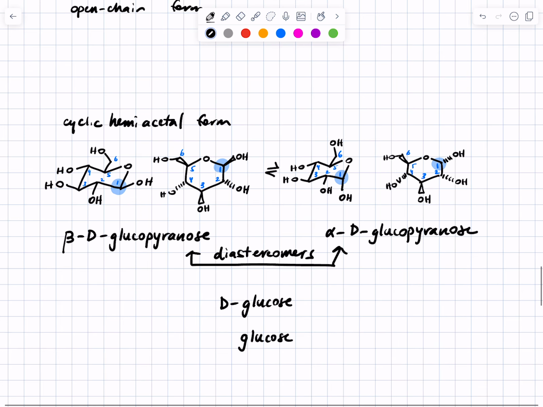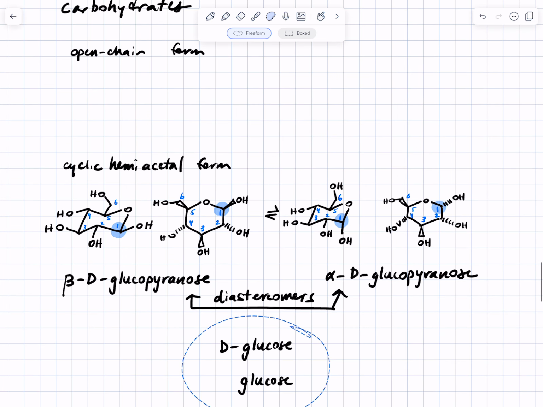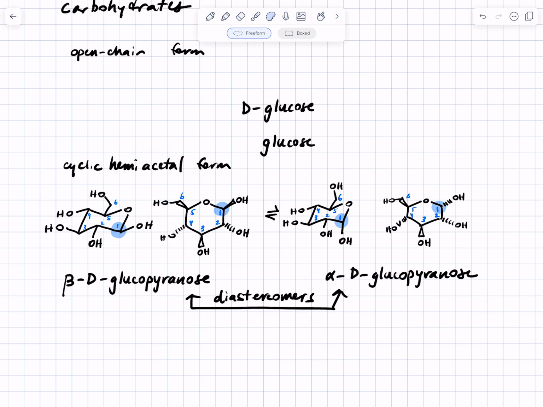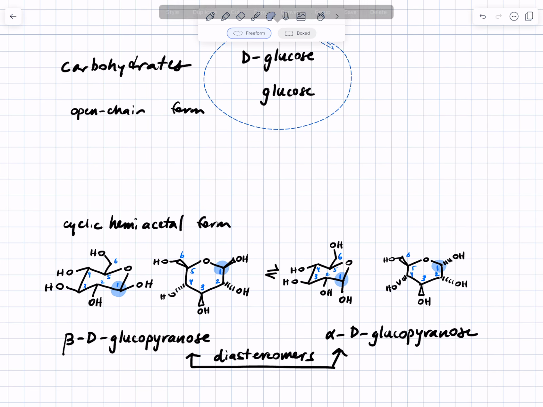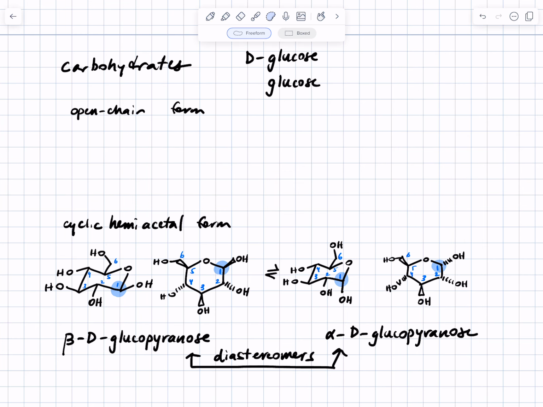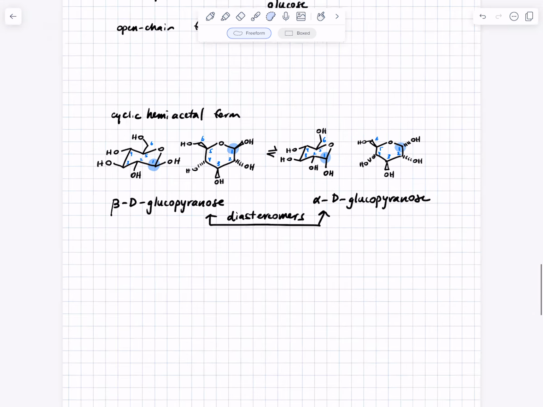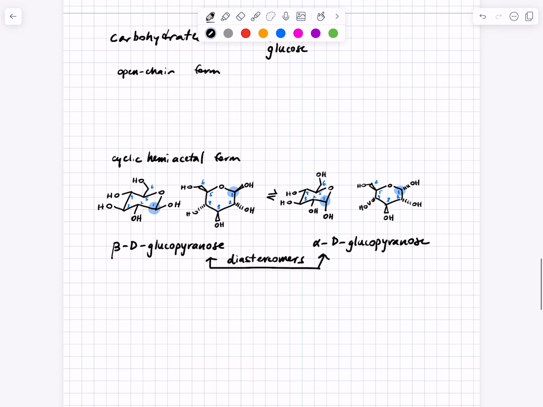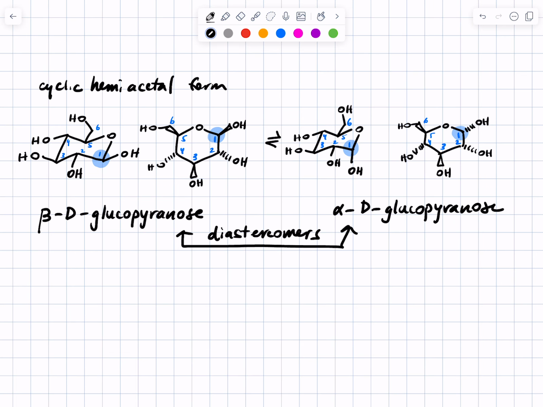It turns out that because they are diastereomers that differ at one and only one stereocenter, there's another term that we will use for these. There's two other terms we will use for these diastereomers. Epimers, that's just a term. It's not really important. I'm not going to test you on that vocabulary, but I will use it in class.